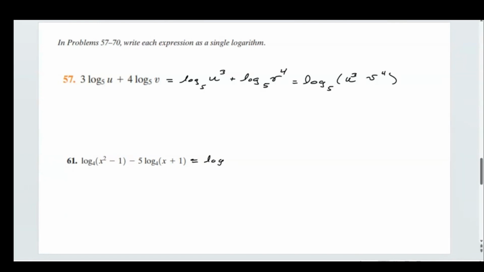So we say that this is the log in base 4 of x squared minus 1 minus the log in base 4 of x plus 1 to the fifth. So this would be now writing this difference as a quotient, log in base 4 of x squared minus 1 over x plus 1 to the fifth.